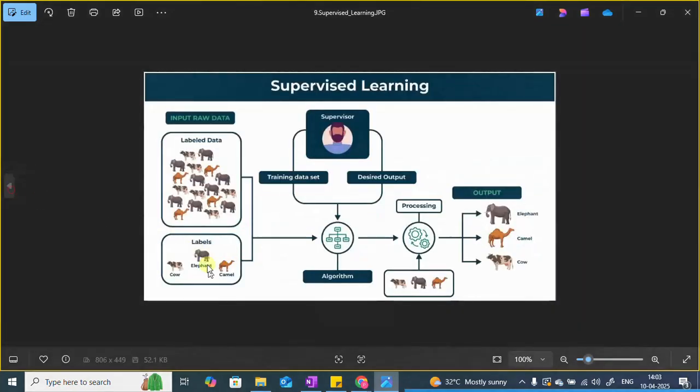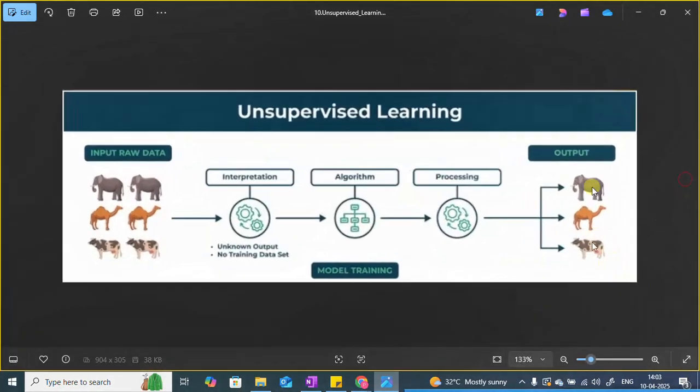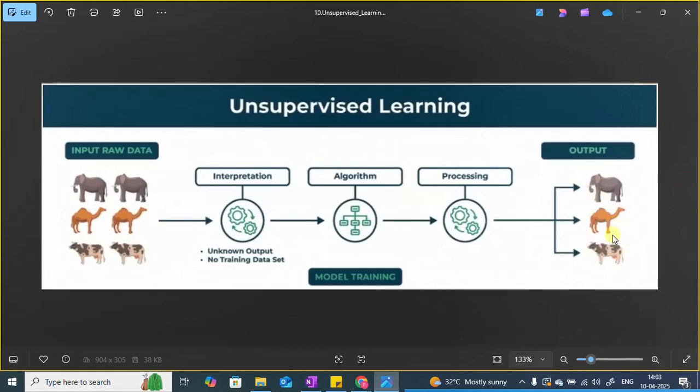In the previous example, because I told my model directly or indirectly, it not only distinguishes but also gives the name of the class it belongs to. But here there is no name, just classification. Getting my point, guys? Any doubt so far? Clear, clear.